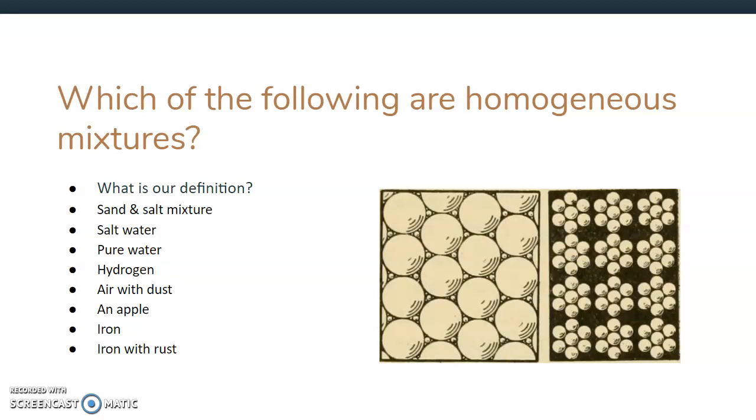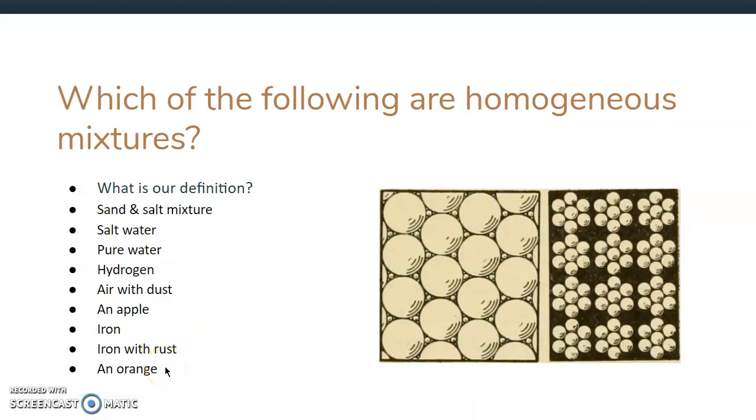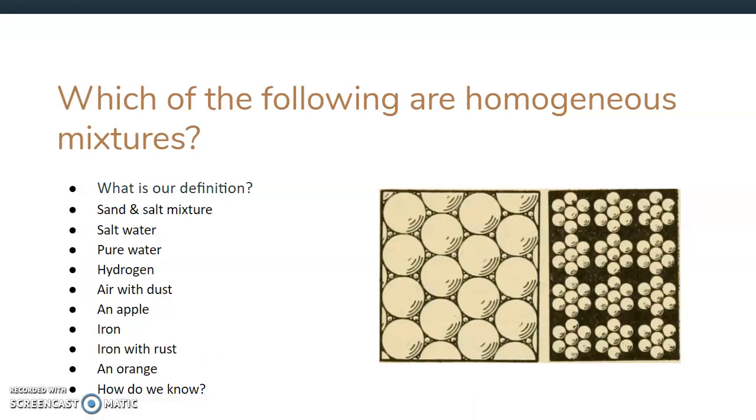So since there is a layer in it, it would be not a homogeneous mixture. And then an orange, I think we talked about this one on the last slide, has a lot of different things in it and is not uniform. So the best way to think about it is if you can see inside, or maybe thinking of the mixture at almost a microscopic level, does everything look the same all the way through?